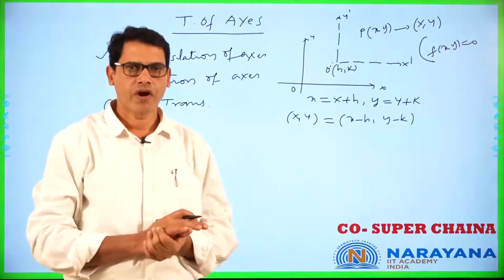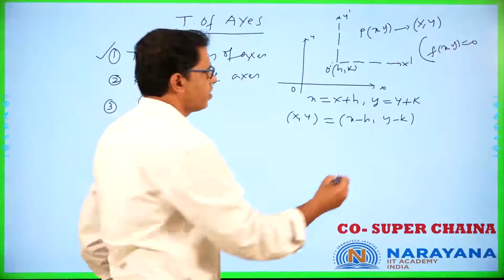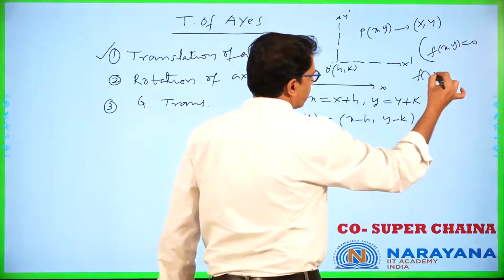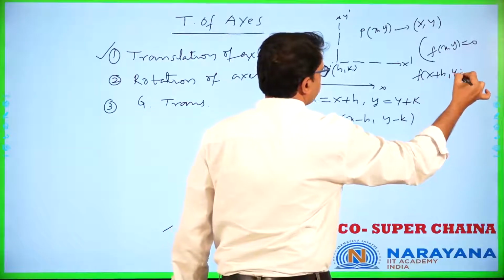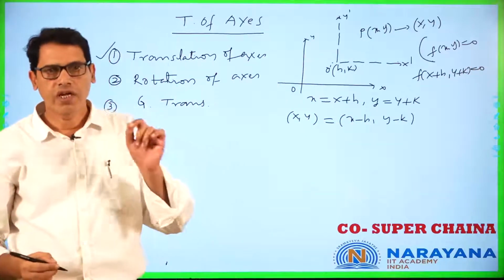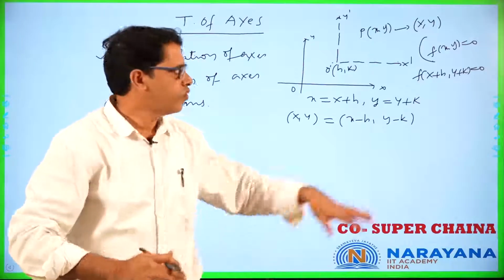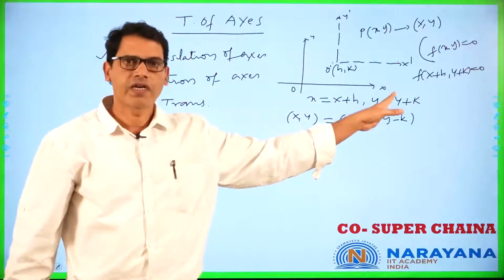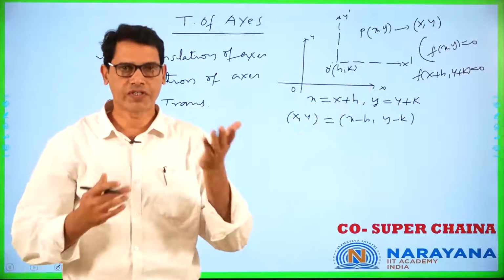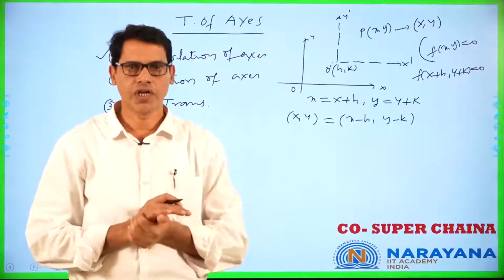The transformed or new equation is f of x plus h comma y plus k equals 0. If the original equation is given, we can find the transformed equation, and vice versa. If the transformed equation is given, we can find the original equation.